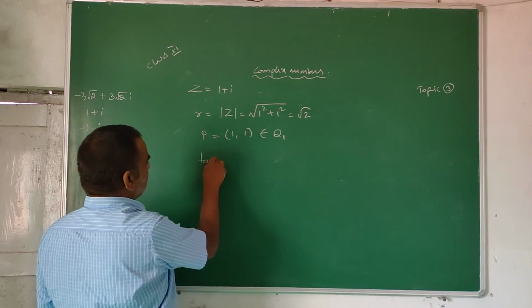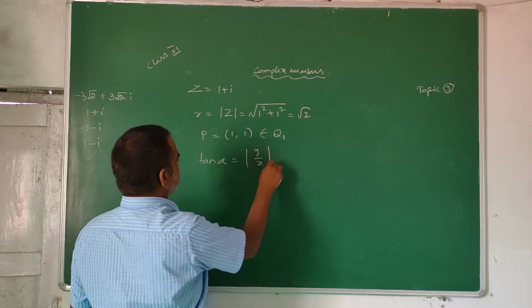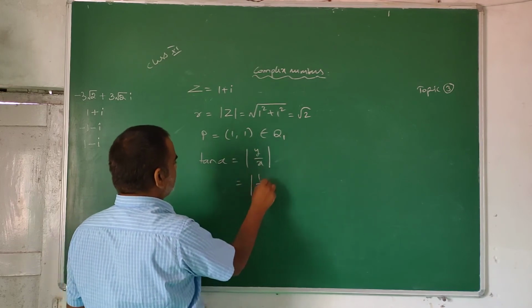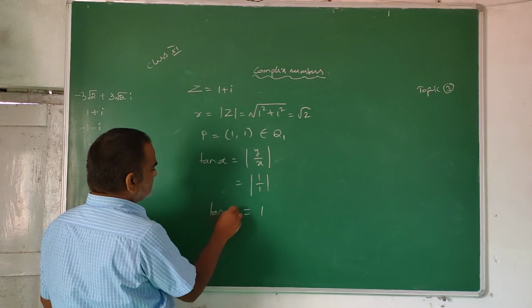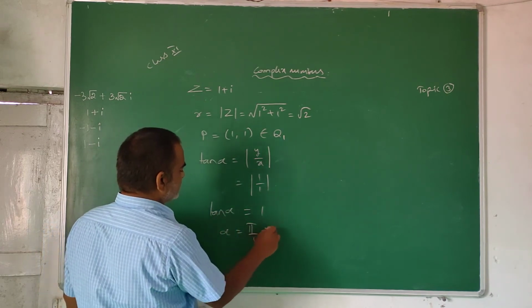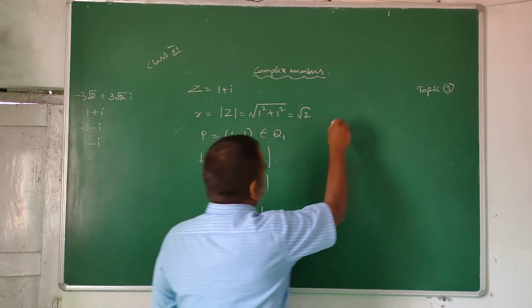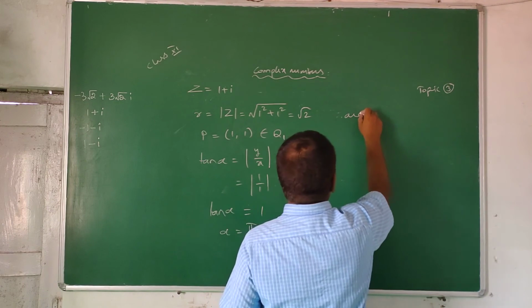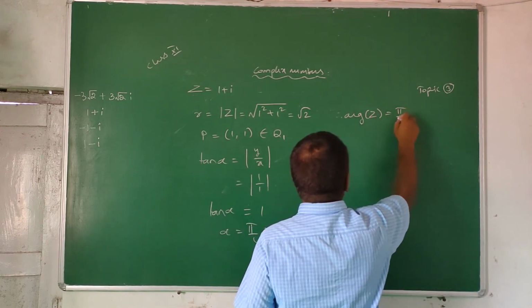So tan alpha is equal to mod y by x, equal to mod 1 by 1, which is 1. So tan alpha is equal to 1, so alpha is equal to pi by 4. In the first quadrant, alpha is equal to theta. Therefore, the argument of z is theta equal to pi by 4.